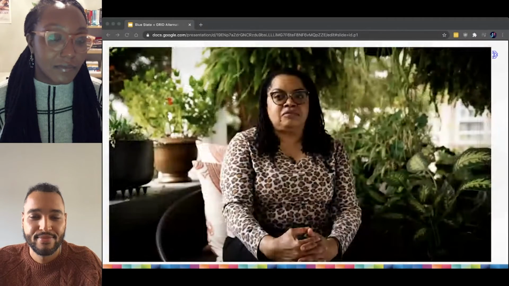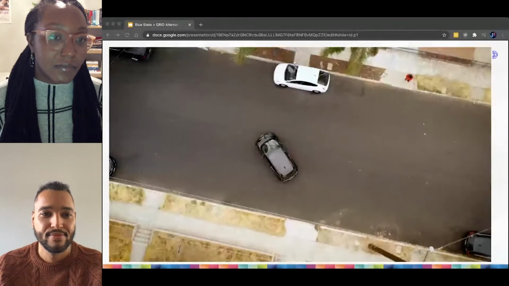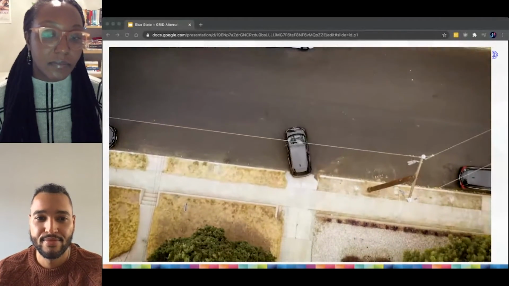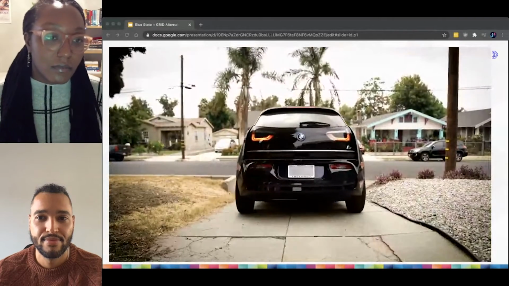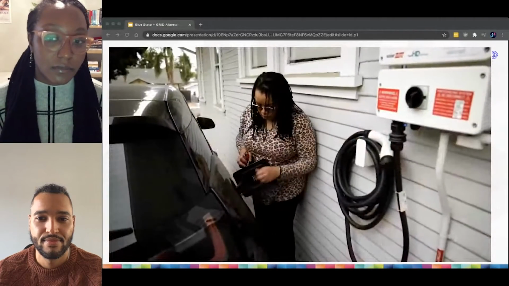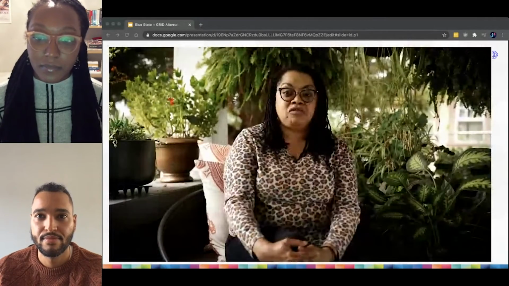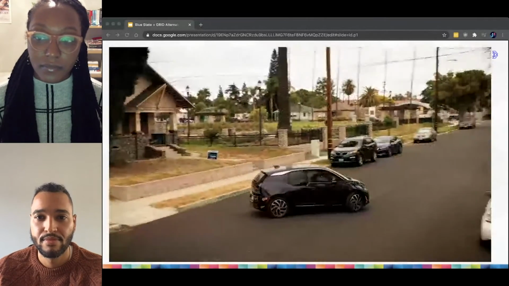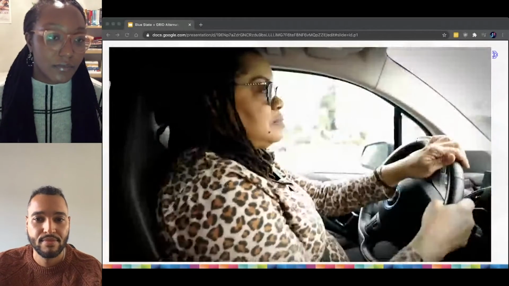I've probably spent anywhere from $250 to $300 a month on gas, and that's no longer an expense I have. I pull into my driveway and I plug my car in. How easy is that? Once I drove my first EV, there was no looking back. I never thought about a gas-powered car again.